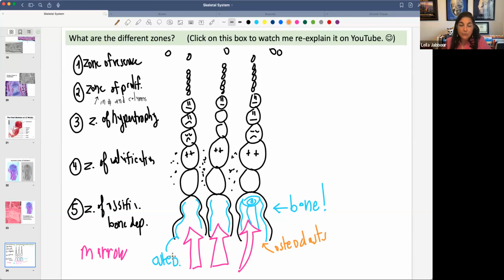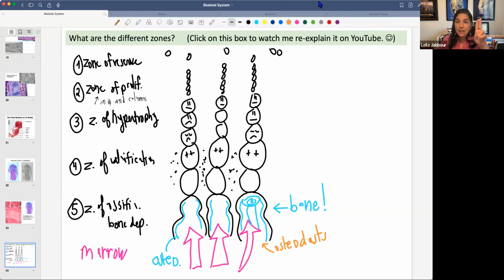So osteo here was referring to osteogenic cells that turn into osteoblasts and they produce bone. But in the center, we need a little bit of osteoclast activity to keep going with that marrow cavity. We don't want it to be completely solid. We need to open that marrow cavity.